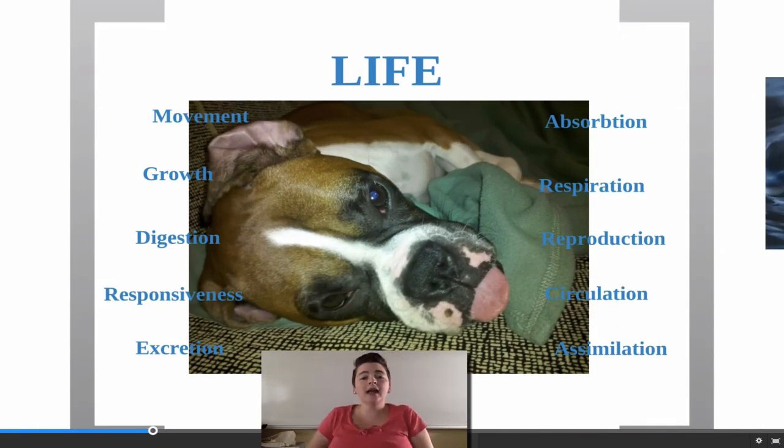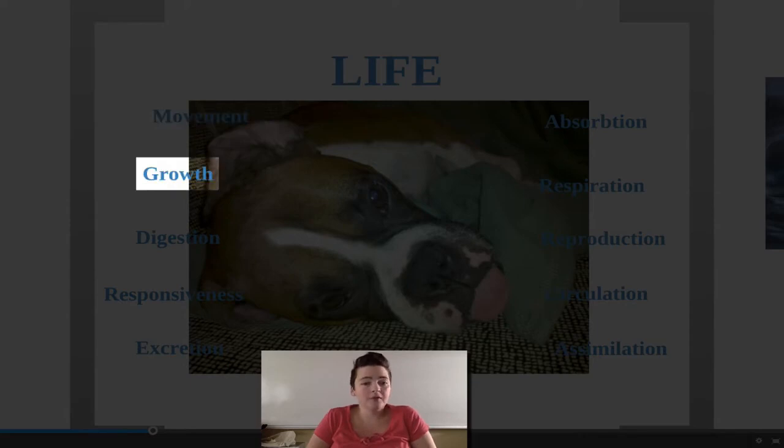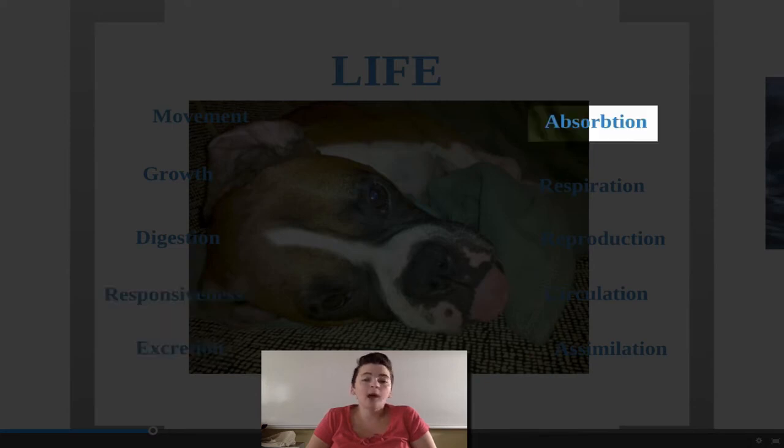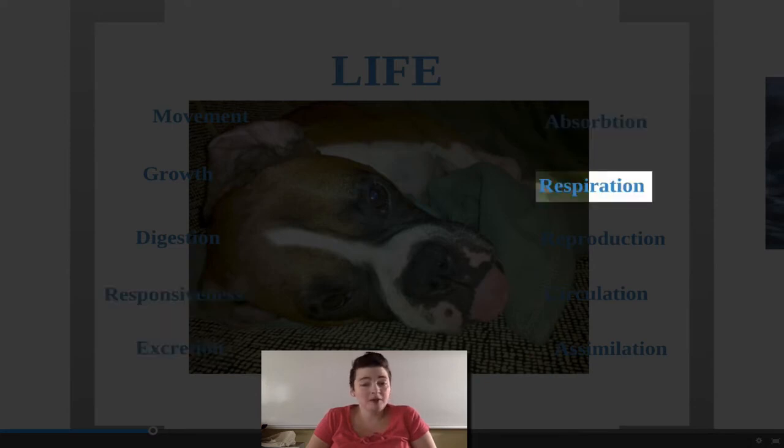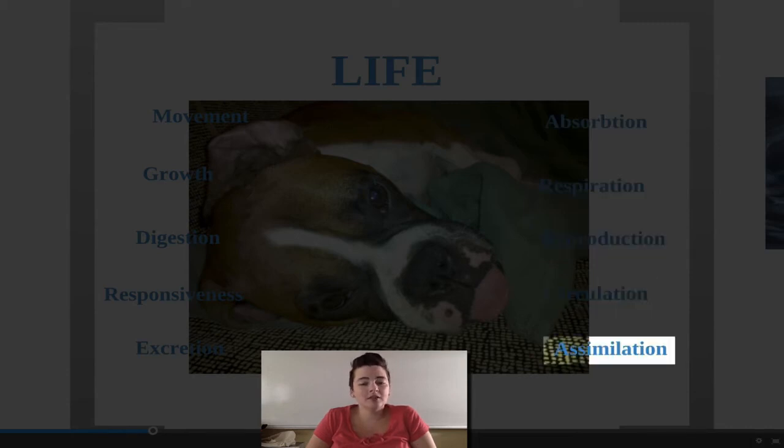When we're looking at anatomy and physiology and we're looking at life, there are several things that life needs in order to be considered alive. Movement, growth, digestion, responsiveness to its environment, excretion, absorption, respiration, reproduction, circulation, and assimilation.